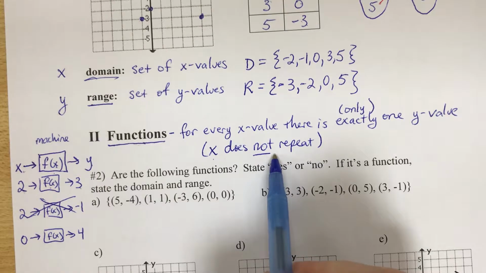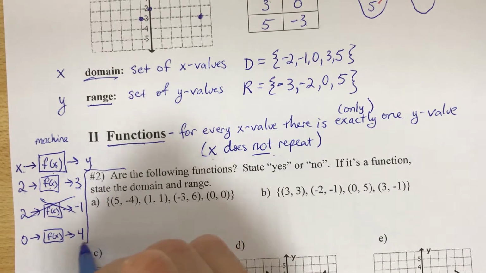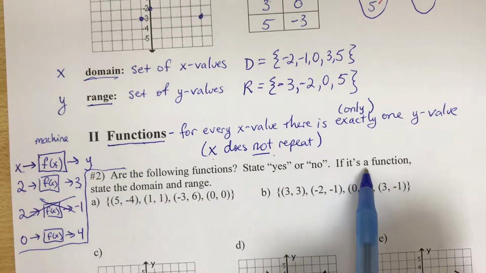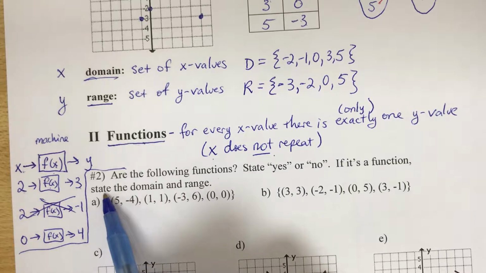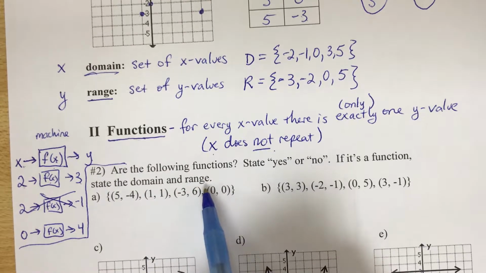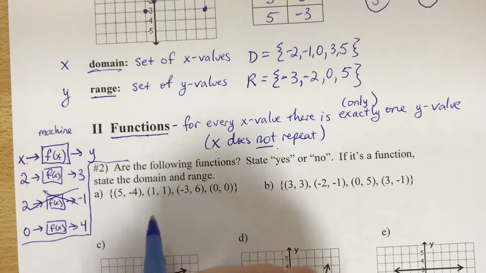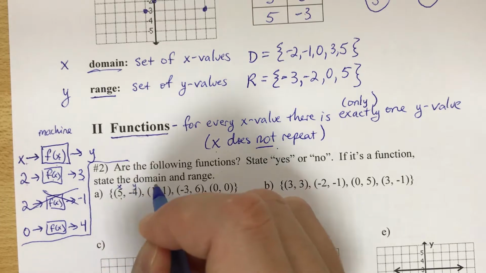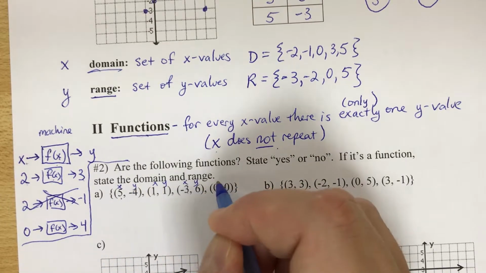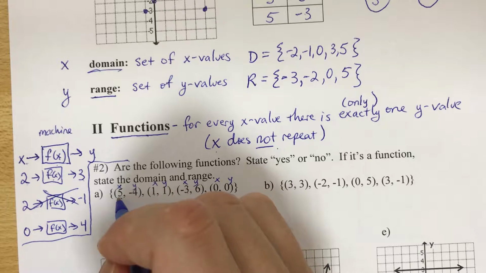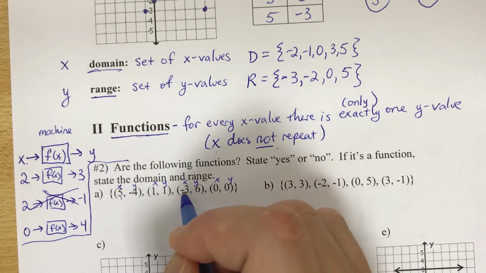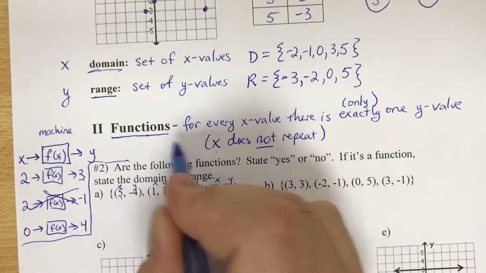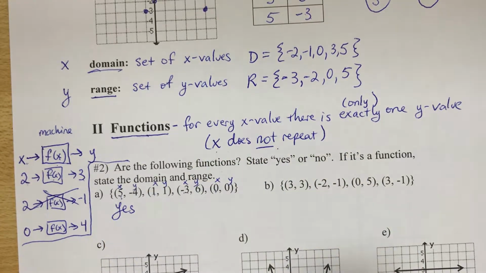X does not repeat. Okay, so in number 2 here, we're going to do some examples. Are the following functions? State yes or no. If it's a function, state, that means write, the domain and range. Okay, so for a function, the x's cannot repeat. So if I look, here's x y, x y, and I like to label this. So we're only going to look at the x's, 5, 1, -3, 0. Those are all different. X does not repeat, so that means yes, it's a function.